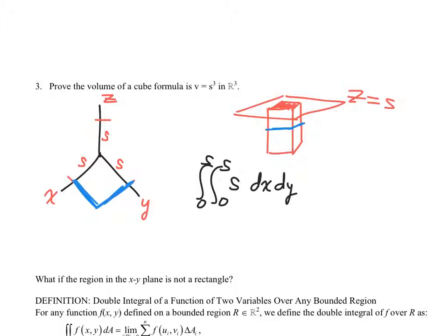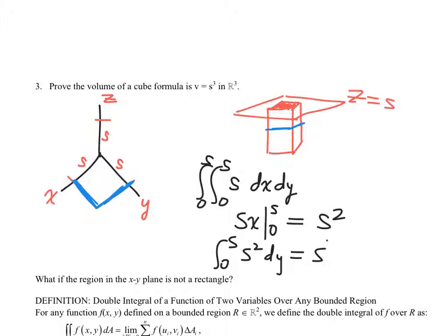All right, so when I integrate, I would get sx on 0 to s, which would give us s squared. And then I would integrate that with respect to y, which would give me s squared y, also from 0 to s, in which case I get s cubed.